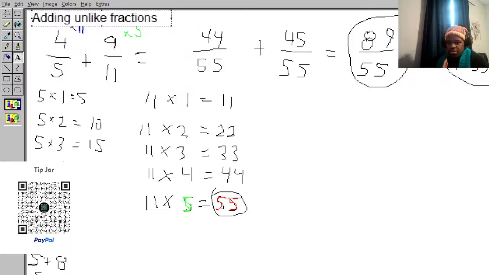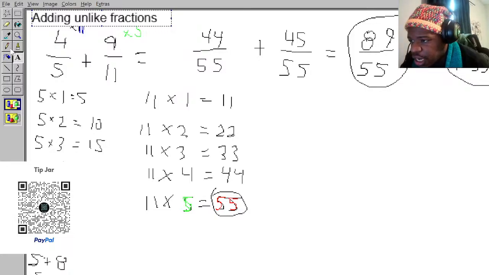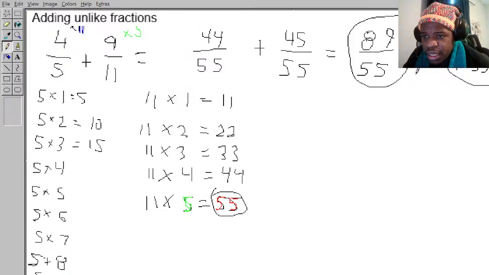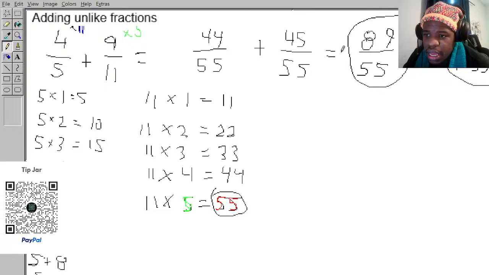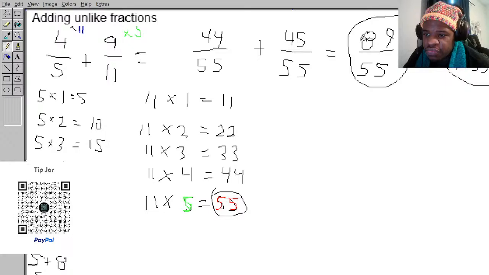I should probably show my work on how I got this to this. So for this work, how many times can 55 go into it?